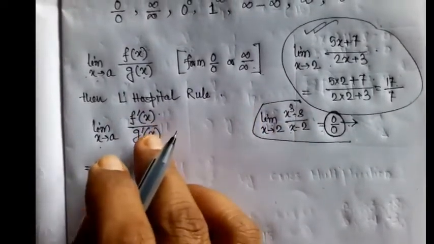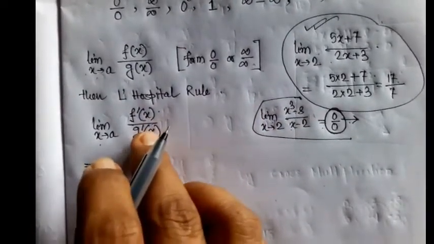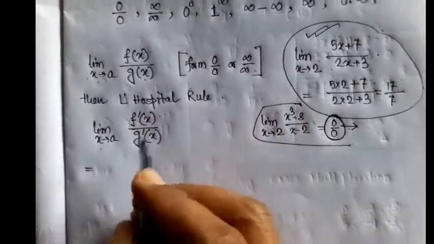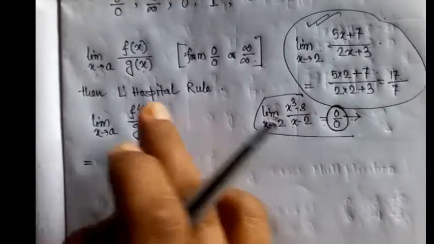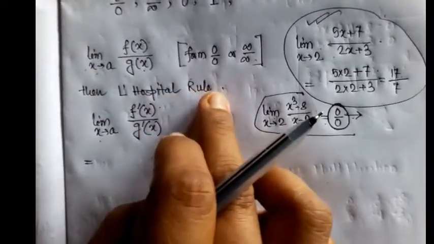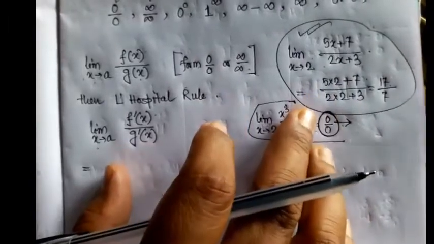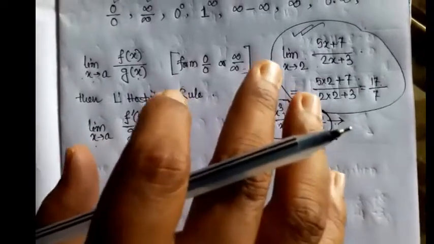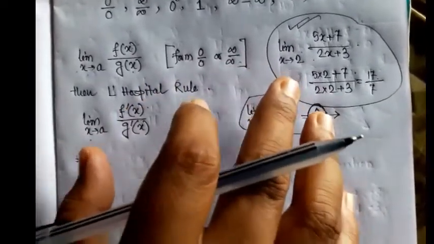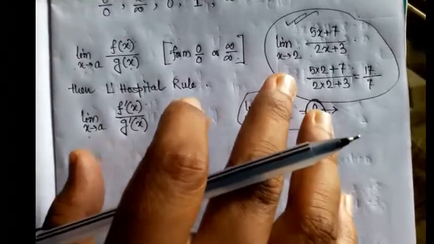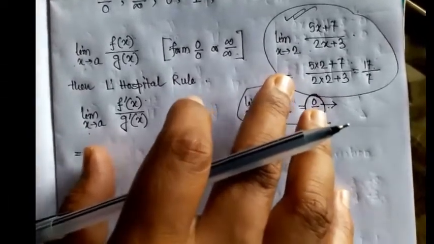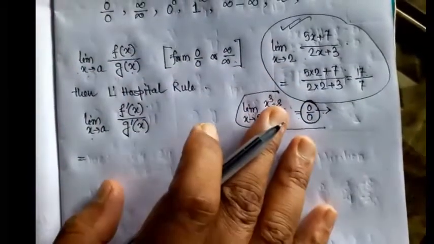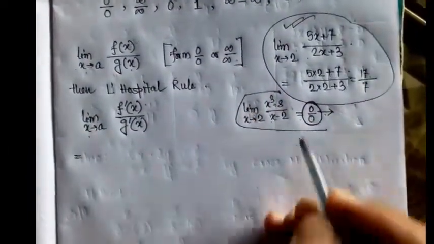And if you again don't get a suitable value, or if you get such an indeterminate form repeatedly, then you can apply the L'Hospital rule again. In short, when you solve a limit problem and have an indeterminate form, L'Hospital rule says just consider the derivative of the numerator and the derivative of the denominator. Okay, so how to do this problem?